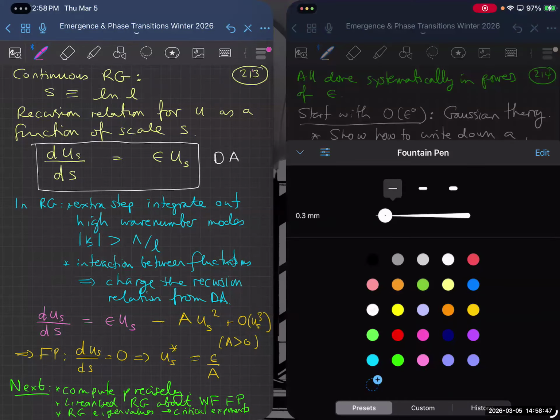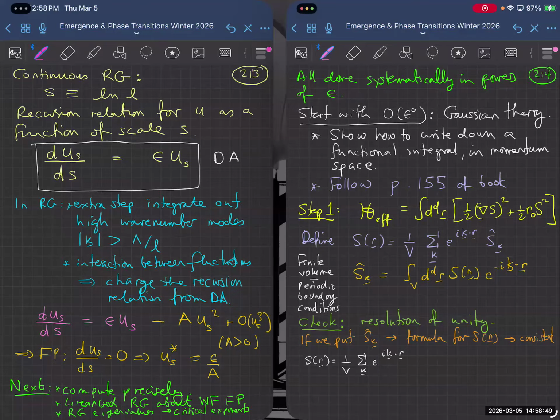So let me put that in: the integral over V, d dr, S of R, e to the minus i K dot R. Stop me if you see me writing down something that's wrong.